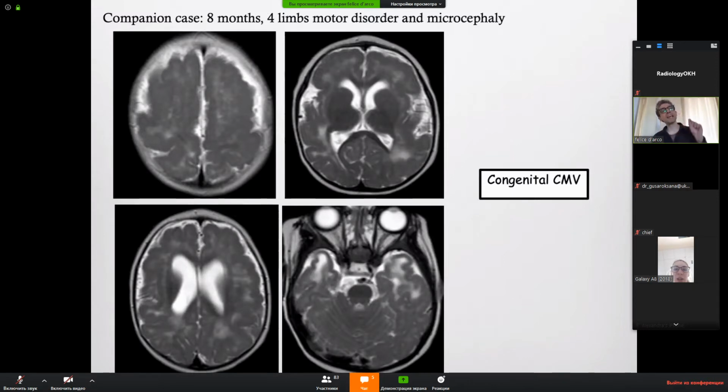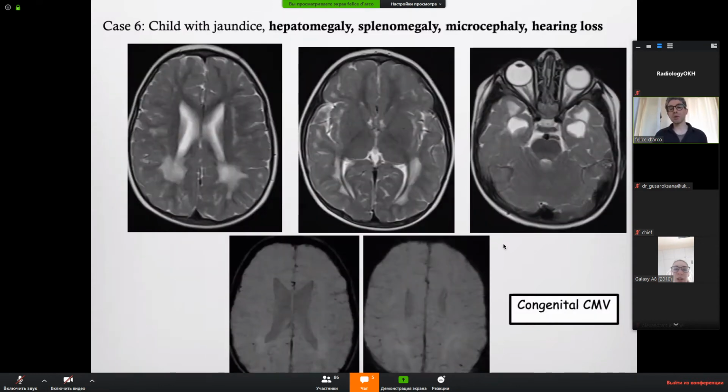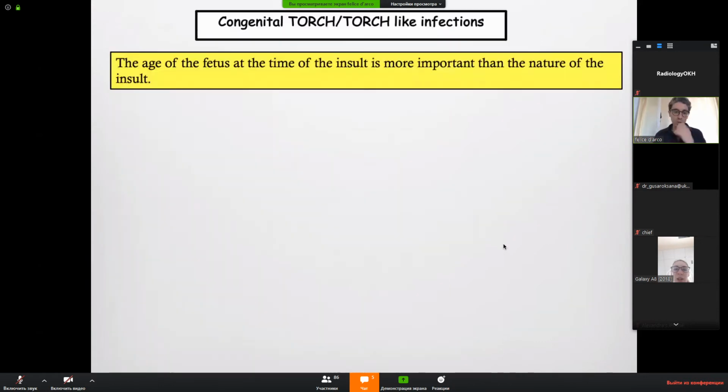In this case, the infection happened earlier in the pregnancy, while the brain was forming, and this is why you had malformation in the form of polymicrogyria, because of abnormal organization of the cortex, which is not present before because probably that was later in the pregnancy. So what is important is that in TORCH infections, the age of the fetus at the time of the insult is more important than the nature of the insult.